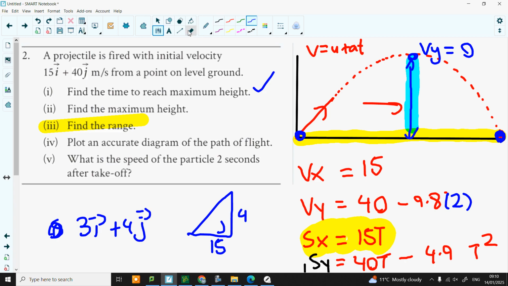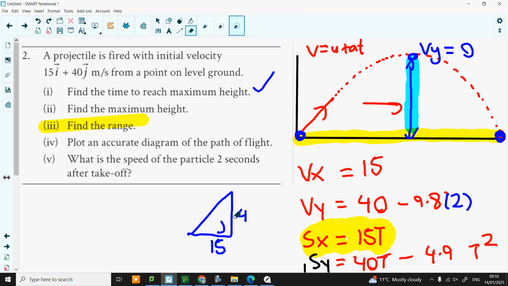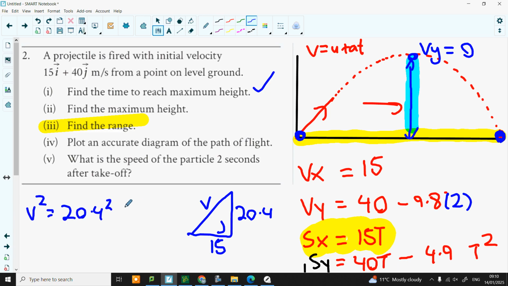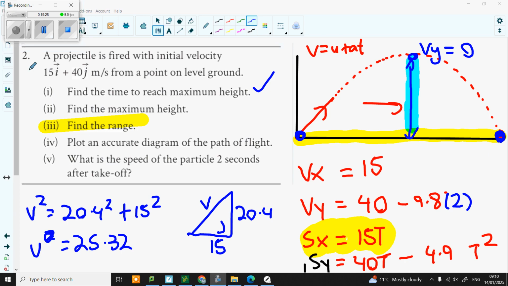And what's 40 take away 19.6? 20.4. Will somebody be so nice as to Pythagoras theorem the speed for me? Oh, you already square root it and everything. 25.3, and we're done.